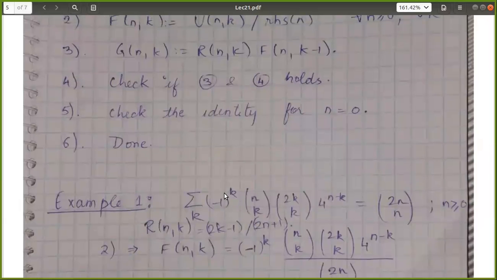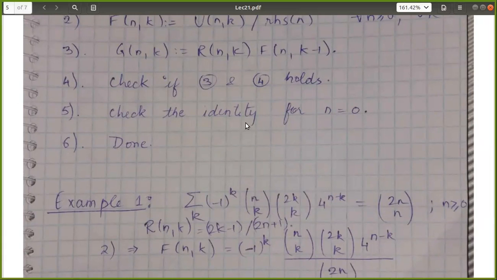So comparing it with this, what is your u(n,k)? The thing in the sigma: (-1)^k, n choose k, 2k choose k, and 4^(n-k). That part. Right. So the summand is u(n,k).